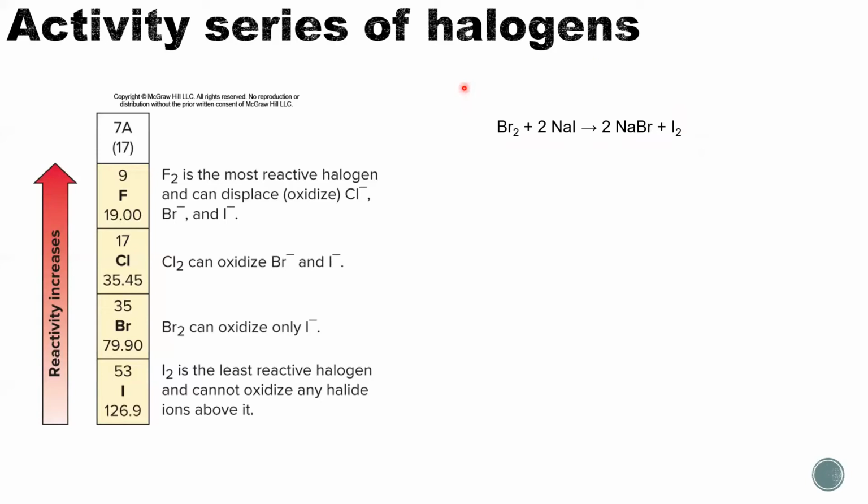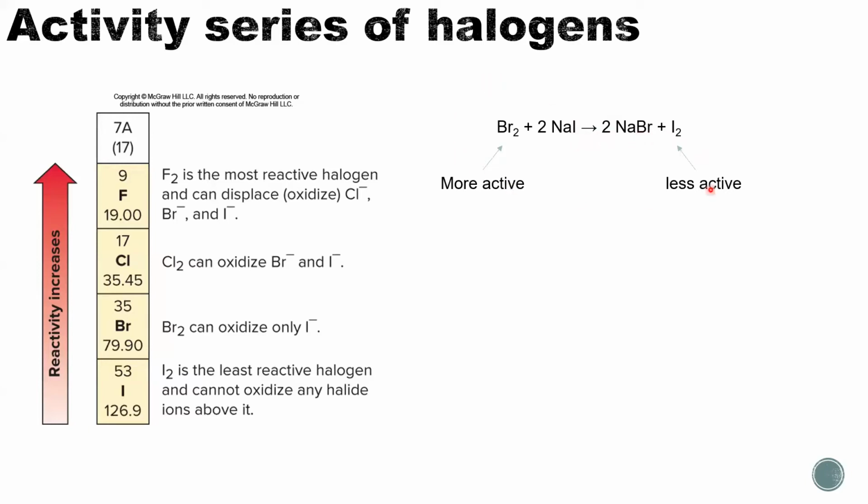In this chemical equation, the more active elemental substance, bromine gas, can displace the iodine from sodium iodide, and react to form a less active elemental substance, iodine gas. And the bromine now takes the position of iodine in the sodium bromide.